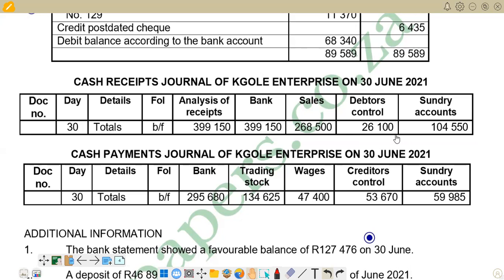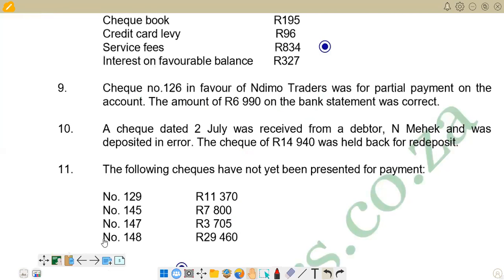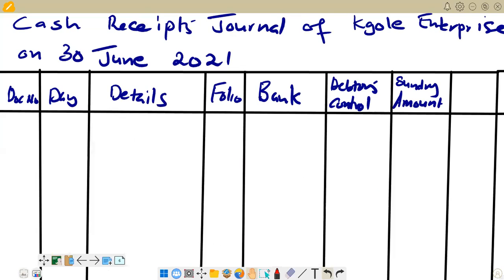So we can just go there and enter those balances as our totals brought forward at the beginning of that journal. We go to the answer section, and we enter those amounts. The day is 30, remember? So all the details say totals brought forward.